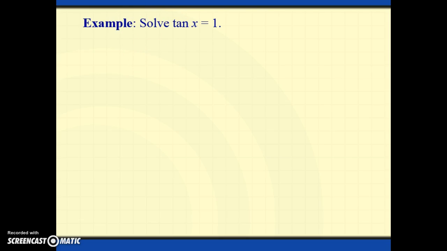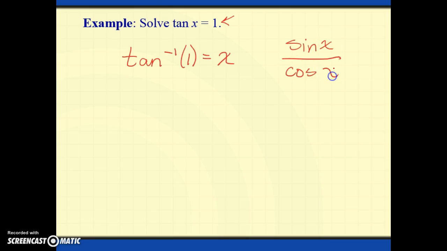Here's tangent. We want the tangent of x to equal 1, so we know that the tangent inverse of 1 equals our angle measure, which they're calling x. For tangent to be a positive 1, the sine of that angle measure over the cosine of that angle measure have to be the same sign, either positive or negative, and they have to be the same value.